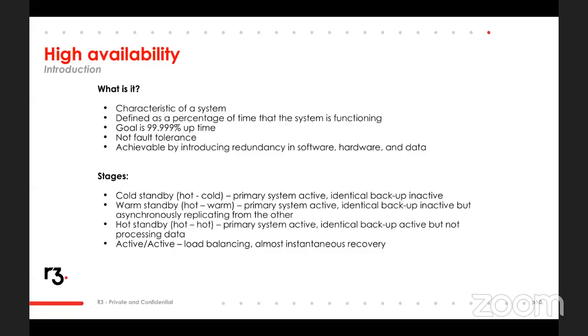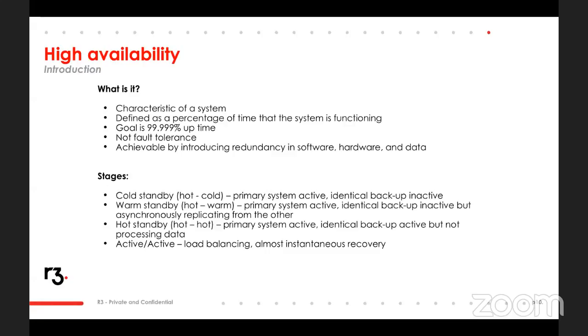So high availability, what is it? It's basically a characteristic of any system which is defined as the percentage of uptime, of the time that the system is functioning. Typically, the goal is to go as high as possible, 99.999%, which is also called the 5 nines. This is achievable, but very difficult.